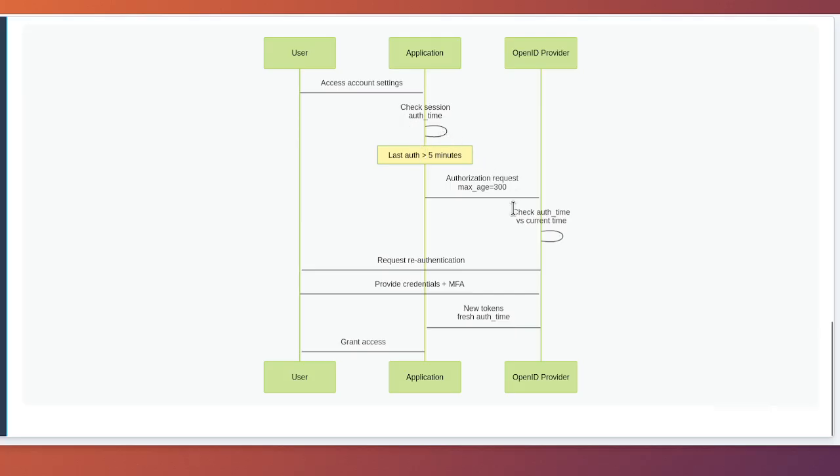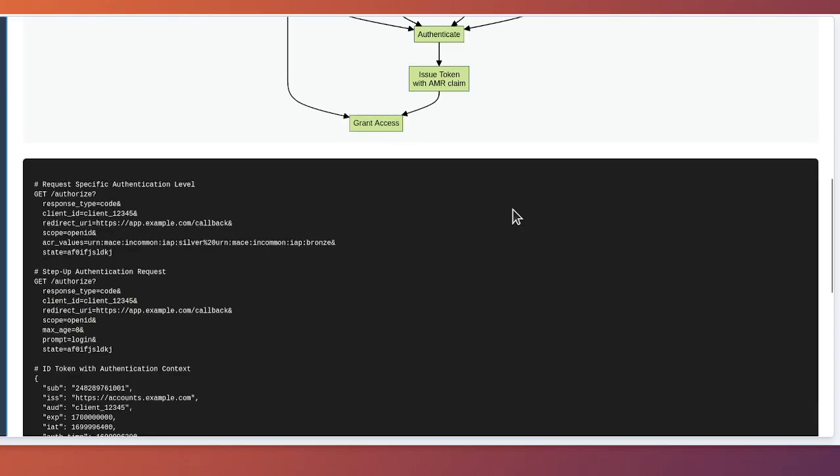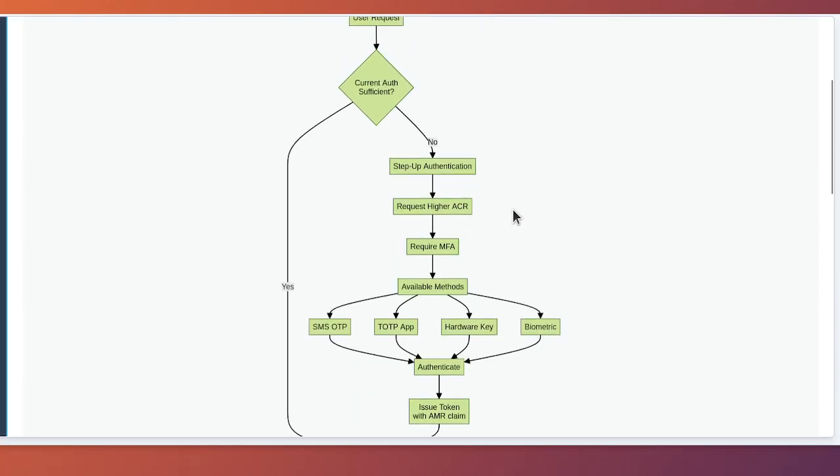The Authentication Context Class Reference, known as ACR, provides a way for relying parties to request specific authentication strength levels. ACR values are URIs that represent different authentication policies or assurance levels defined by the OpenID provider. For example, an ACR value might represent password-only authentication, password plus email verification, password plus SMS verification, or password plus hardware token.